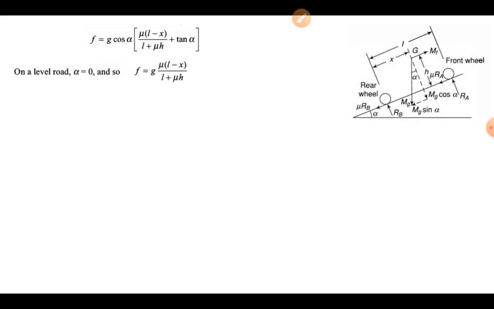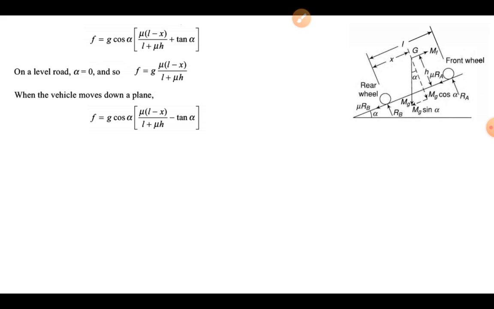Then the value of alpha will be 0, and you can put the value of alpha into cos alpha and tan alpha, and in that case you will get the value of retardation as f is equal to g times mu (L minus x) divided by L plus mu h, right?